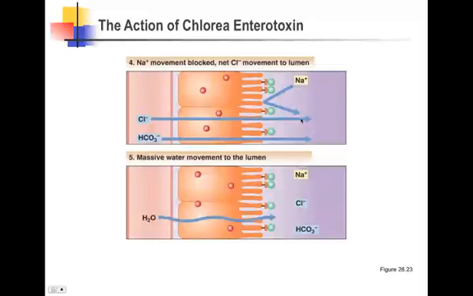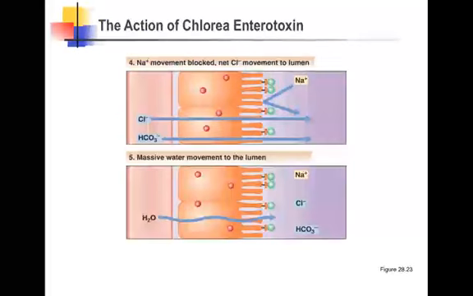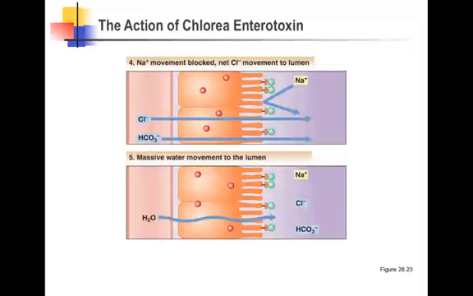Sodium remains out here in the lumen of the small intestine, and that makes the lumen positively charged, and negatively charged anions in the circulatory system diffuse across this epithelial cell lining and into the small intestine, making the small intestine heavily ionic, and that pulls water from the circulatory system into this now salty lumen of the small intestine, causing massive water loss from the circulatory system, which is then lost via diarrhea or passage out of the lower end of the gastrointestinal tract.